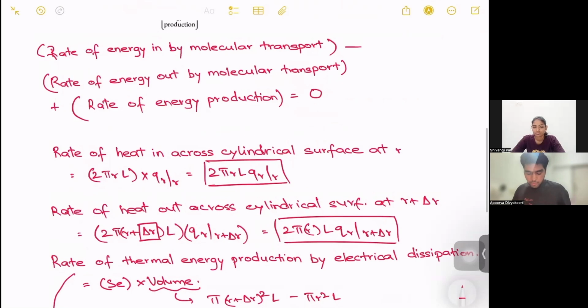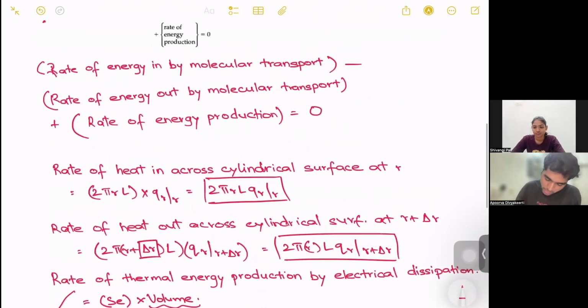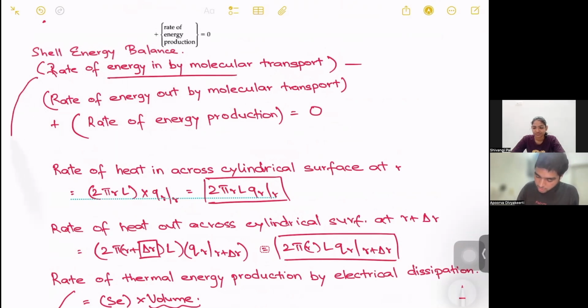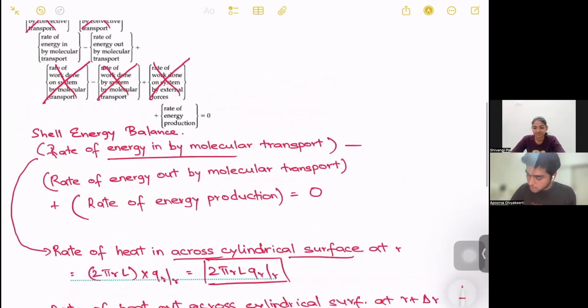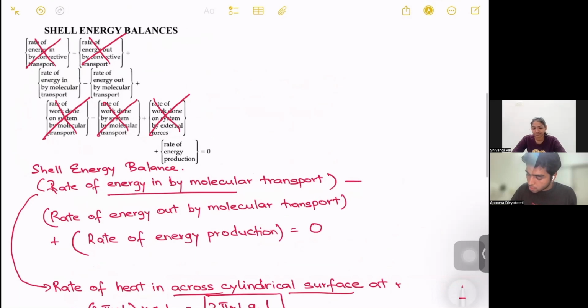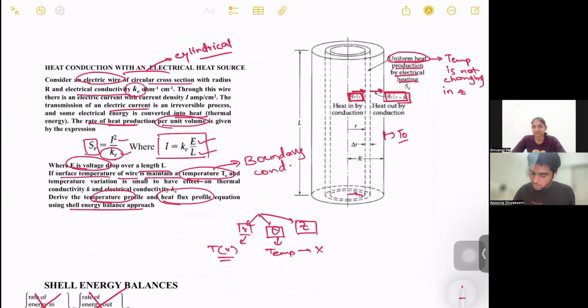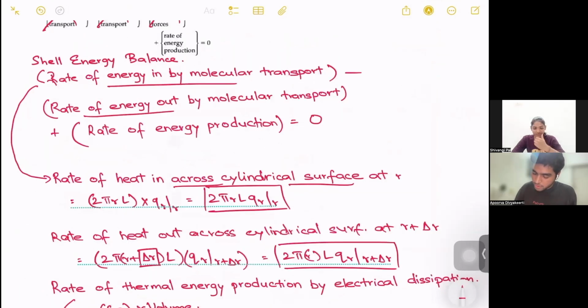Okay, now moving further, the shell energy balance which we wrote earlier. All the terms we have got: rate of energy in by molecular transport is given by the rate of heat in across the cylindrical surface, because q_r is going in and q_r plus delta r is getting out. The second term, rate of energy out, we have also got as 2 pi r L q_r at r plus delta r.